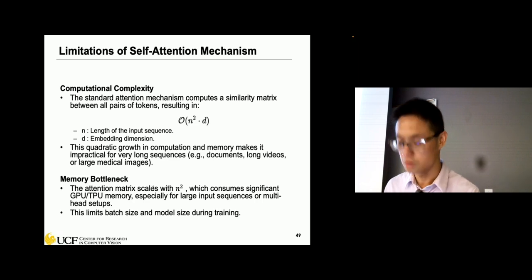This could be a potential problem for the hardware, because you may not have a GPU that has very large memory, and training a large model can take days or even months.